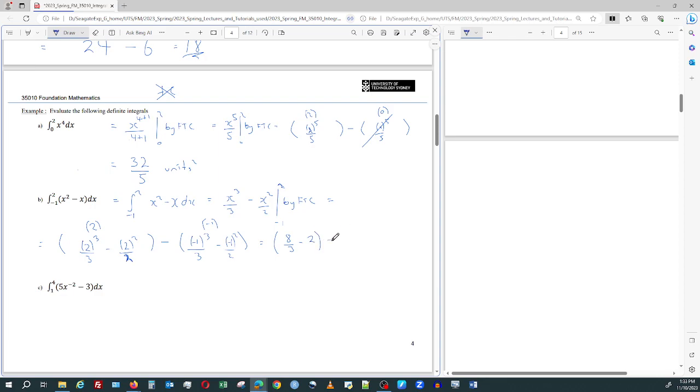Our second bracket, then we need to be careful. It's a cube. -1 cubed is still -1. The 3 wasn't cubed, it was only the x. The -1 is squared, so it now becomes a +1. And that is a half. So we've got adding fractions galore, so we need to continue on with that.